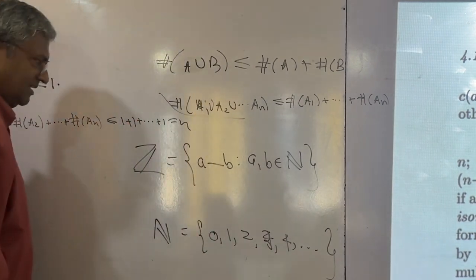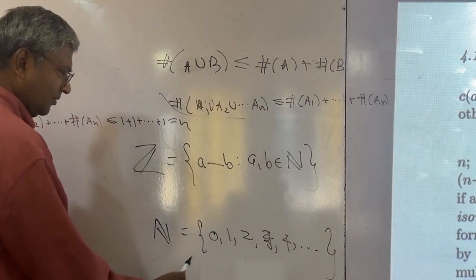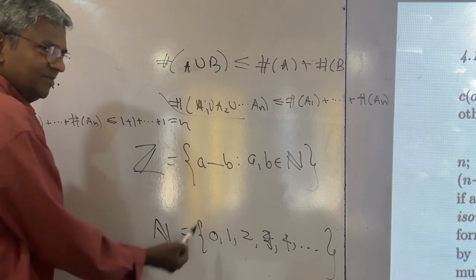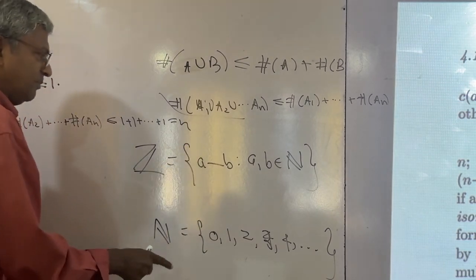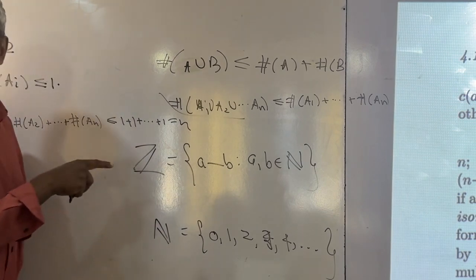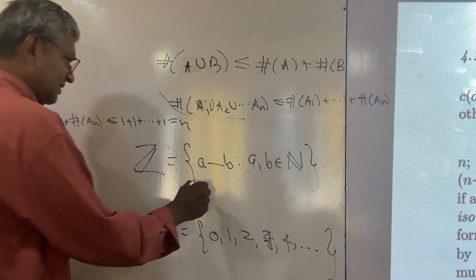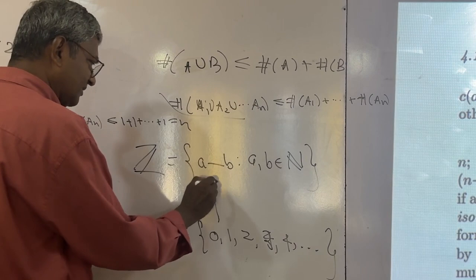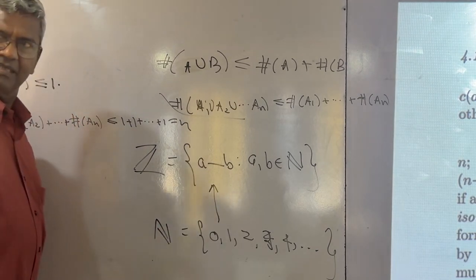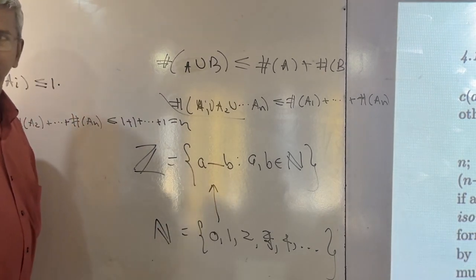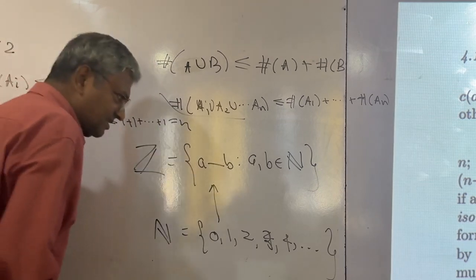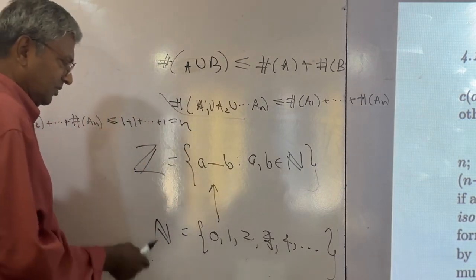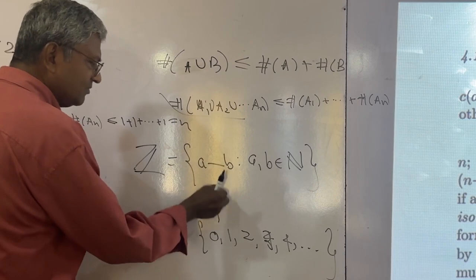We want to embed this into this one, because we want every natural number to be an integer. The other day we talked about isomorphism. We need some kind of mapping, one to one, so that these guys live here.